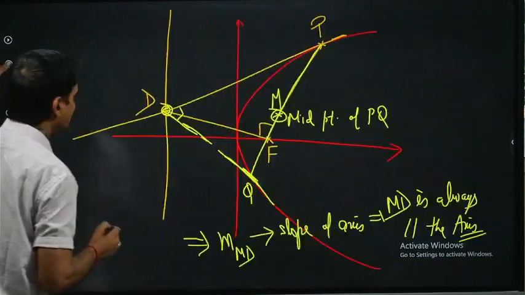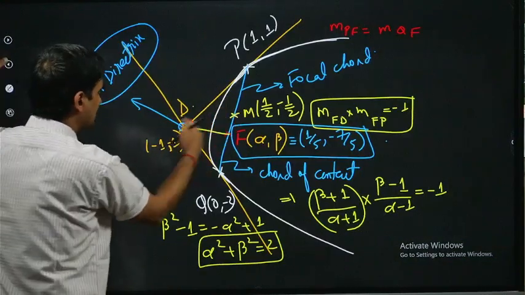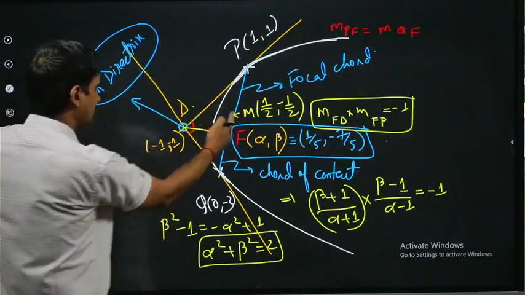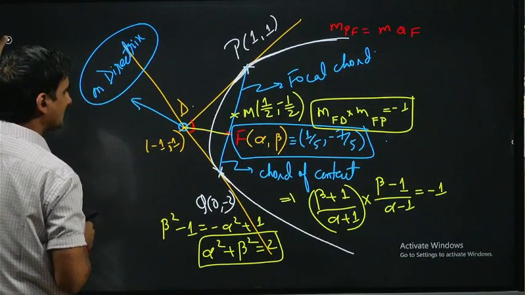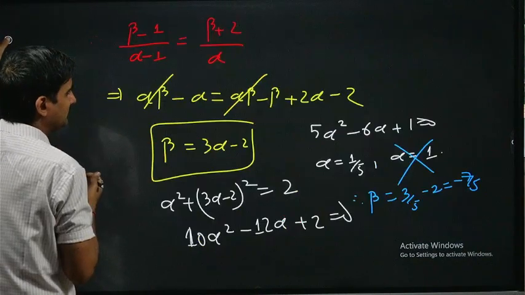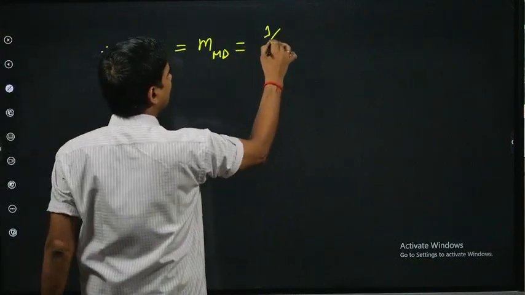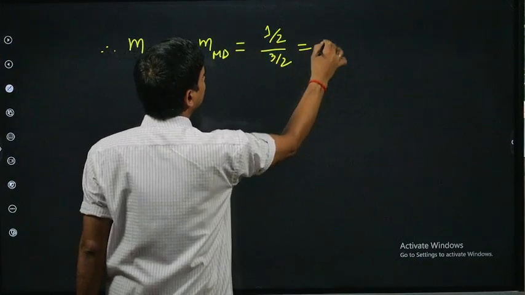Minus half minus 1 is minus 3 by 2, and half plus 1 is 3 by 2, so it's 1 by 3.